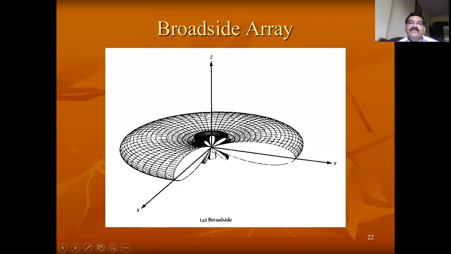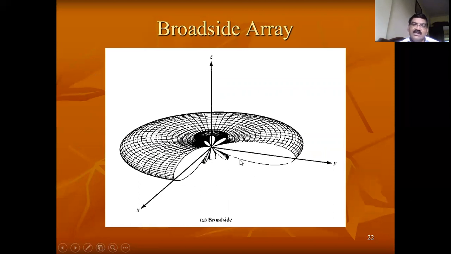So this is what is called the broadside array. All your elements are along the z-axis, and as the elements are along the z-axis, the radiation is perpendicular to this. So this is the ideal broadside array, and the radiations are along the broadside, that is horizontal.